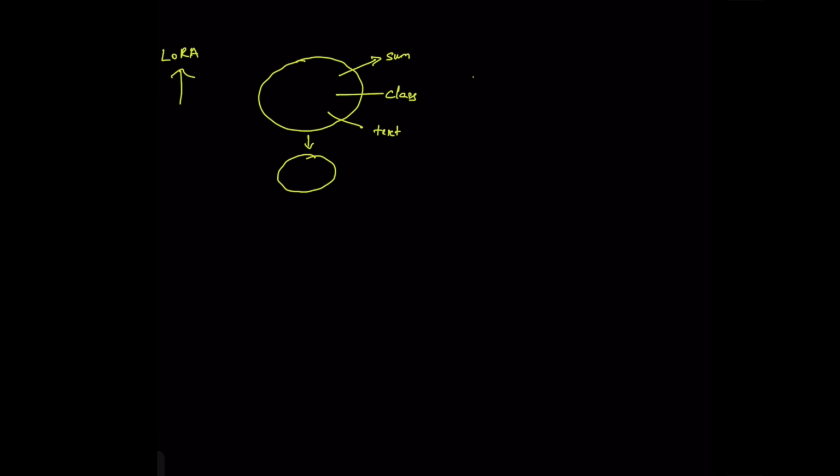Because if we have this large language model, we can actually fine tune it for a specific task. Like I wanted to summarize my own text. For example, just imagine I'm a chef.